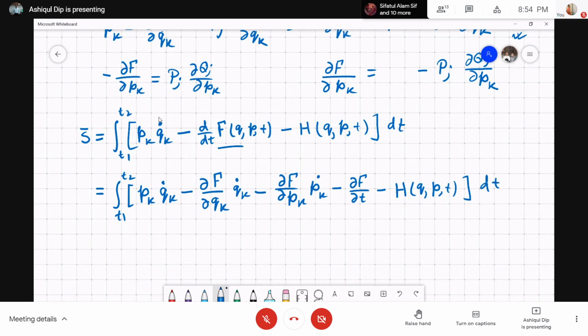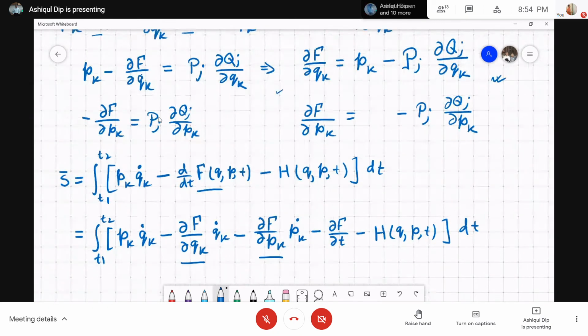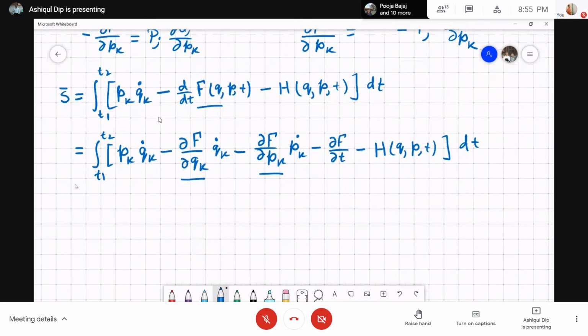Now what we are going to do is substitute that del f over del q_k and del f over del p_k here, which we got from the previous relation. Just substitute those.